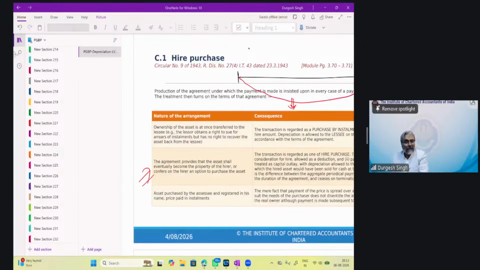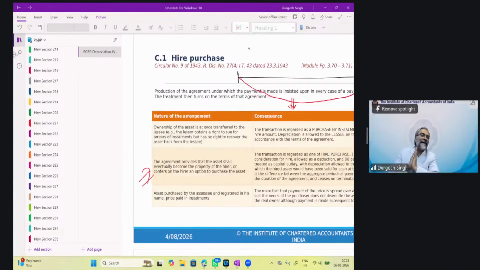And the last category is the lease. Now, many students are comparing lease with hire purchase. Please understand, in the case of hire purchase, if I am paying the installment to you regularly, you cannot take back this asset at any point of time. The asset can be taken only when I stop paying the installment.